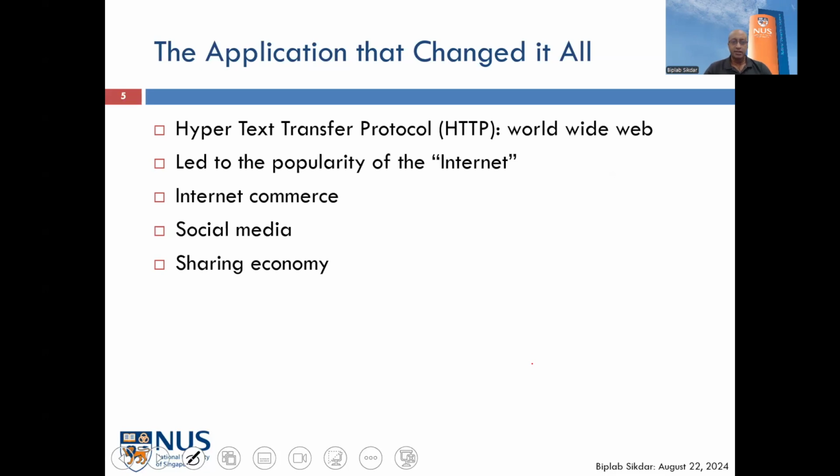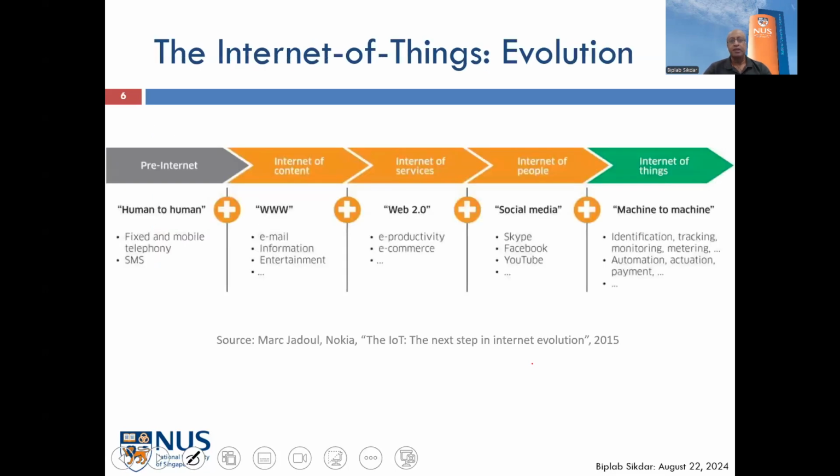And this resulted in new applications such as internet commerce, the boom of social media, and more recently, the start of the shared economy, which are platforms that allow us to buy and sell things or look for services, delivery of goods and online purchases and so on.